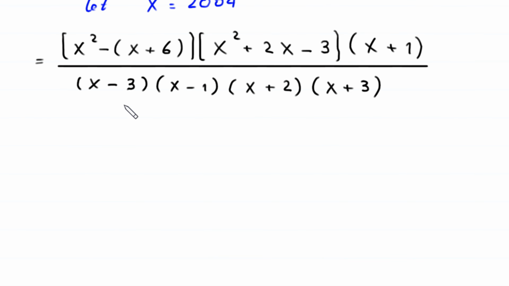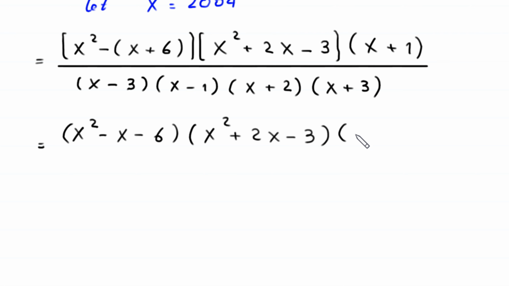Further simplifying, this will become x squared negative x and negative 6, times this expression x squared plus 2 times x minus 3, times x plus 1.